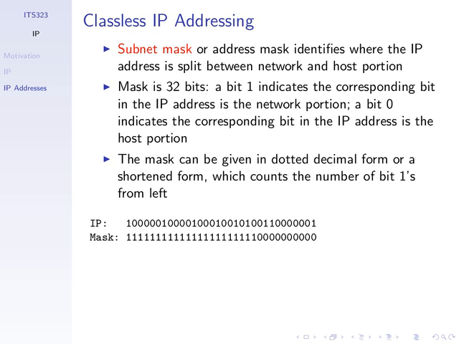Same as my laptop has an address when it connects to the wireless LAN, which is one subnet. If I connected to the wired network, then maybe I'm connecting to a different subnet, and I'd get a different IP address.